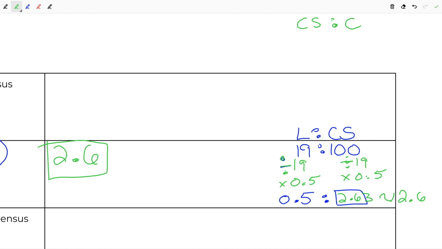Okay, so we know our final result: we want 2.6 people in the correctional system, and we need to find out how many people on our lawn.